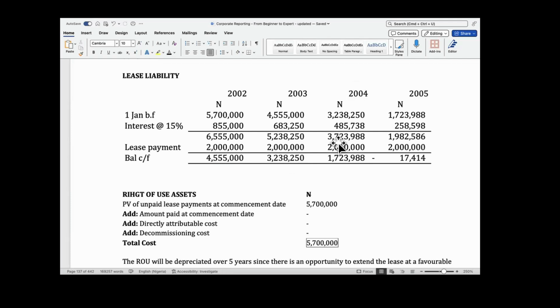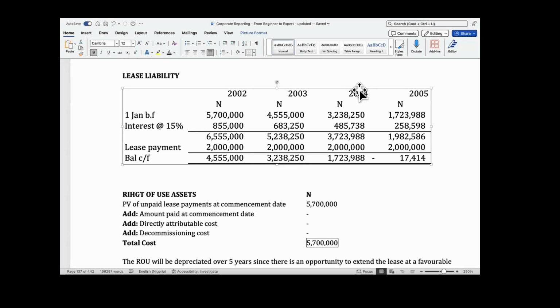So when you look at the balance of the liability next year, which is the 1.7, you will see that it has reduced from 3.2 to 1.7. That reduction is the current, because that is the one we will settle next year. The balance of 1.7 is the non-current portion. And that's why you're going to split this 3.2. And you can continue on and on like that.